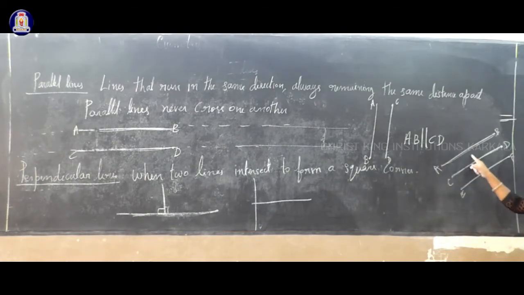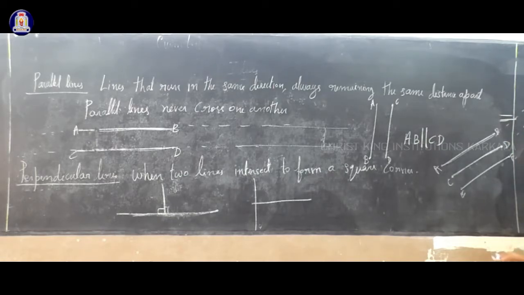Yes, AB is parallel to CD. Similarly, CD is also parallel to EF. AB is parallel to CD, CD is parallel to EF, then AB is also parallel to EF. So these are parallel lines. If you extend these lines also, they will not meet at any point.